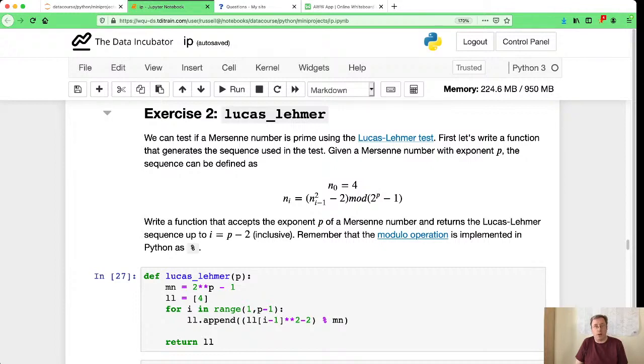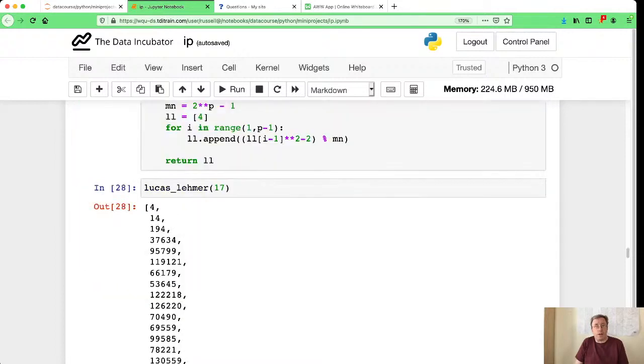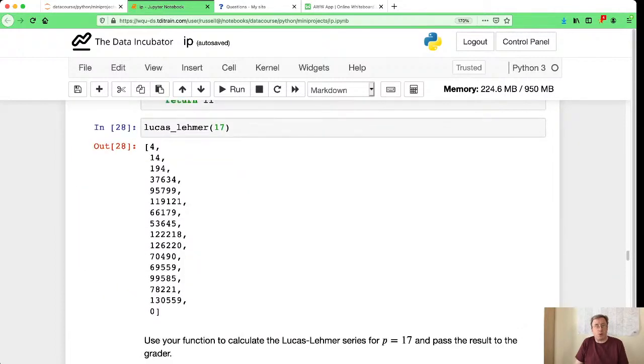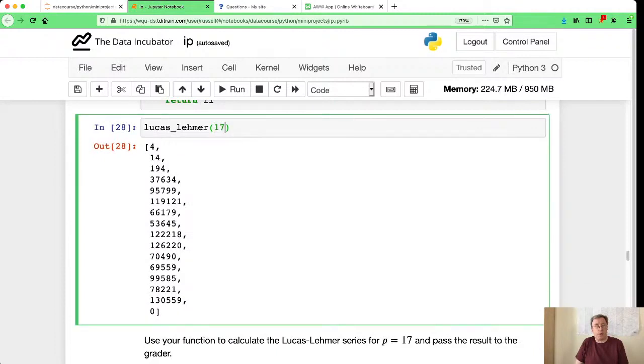Then say it's 14, well then 14 squared is 196, minus 2 is 194, mod this number, etc. The idea is, the Lucas-Lehmer sequence goes up to and including index p minus 2. This is the series for this exponent of 17.